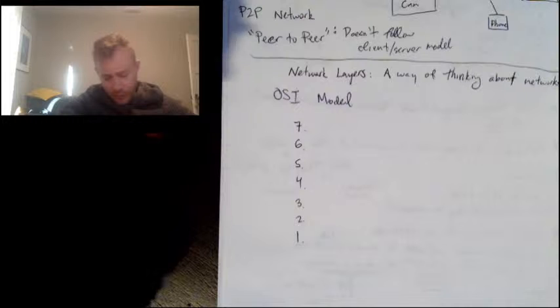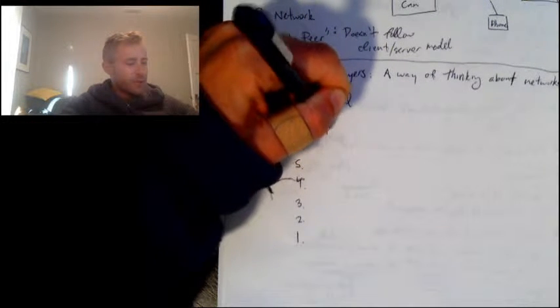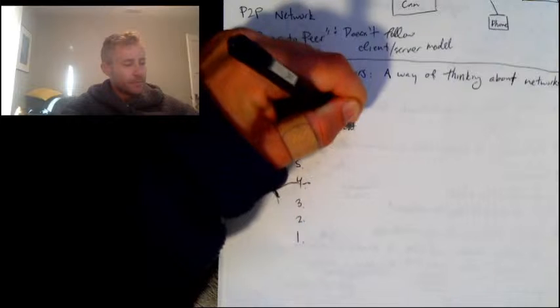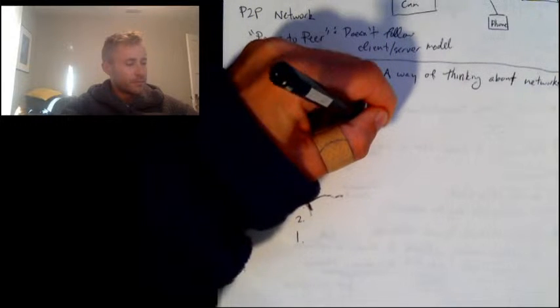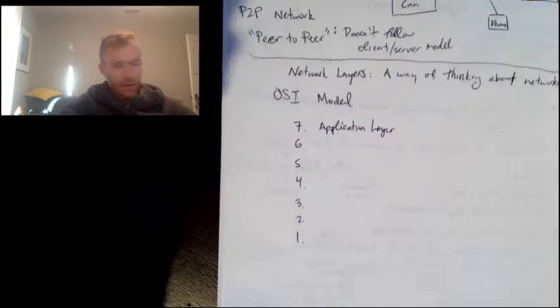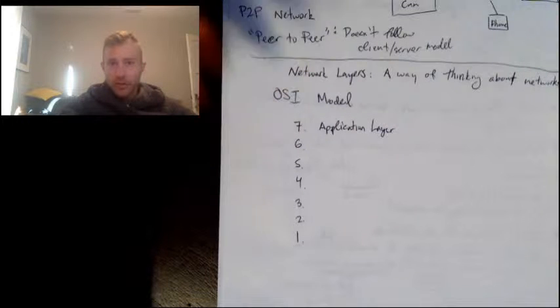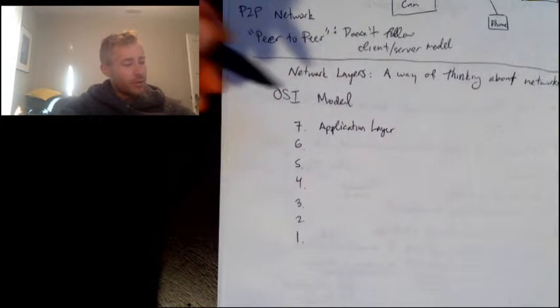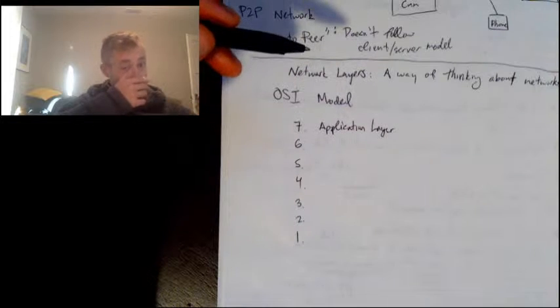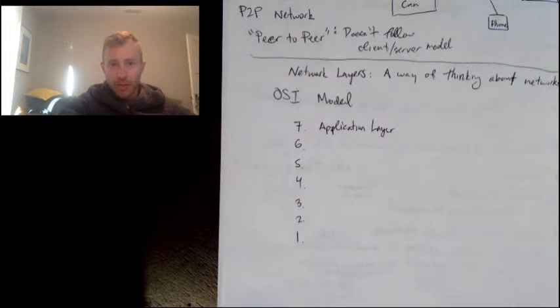So the outermost layer is called the application layer. All right, and so those are the programs. So a company that's working in the application layer is developing programs that the user interacts with.